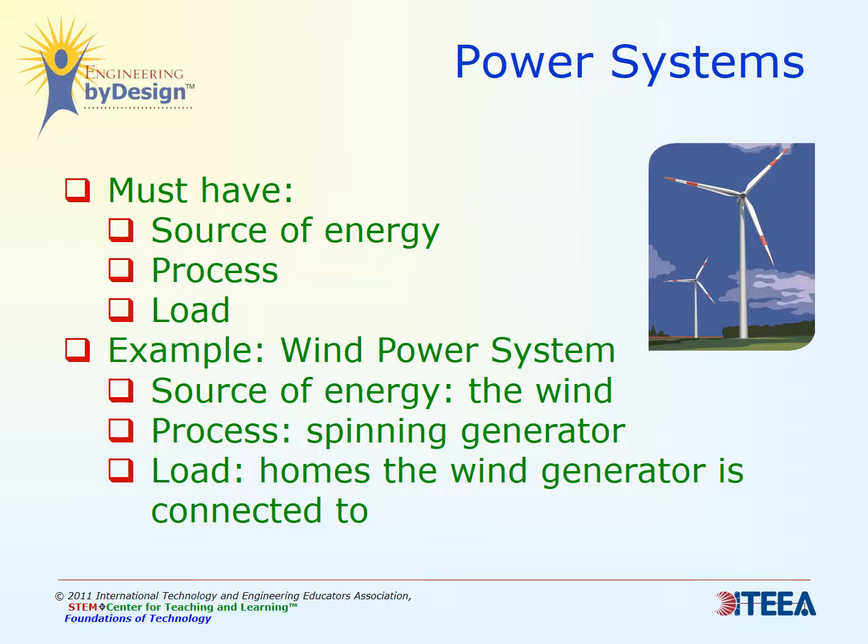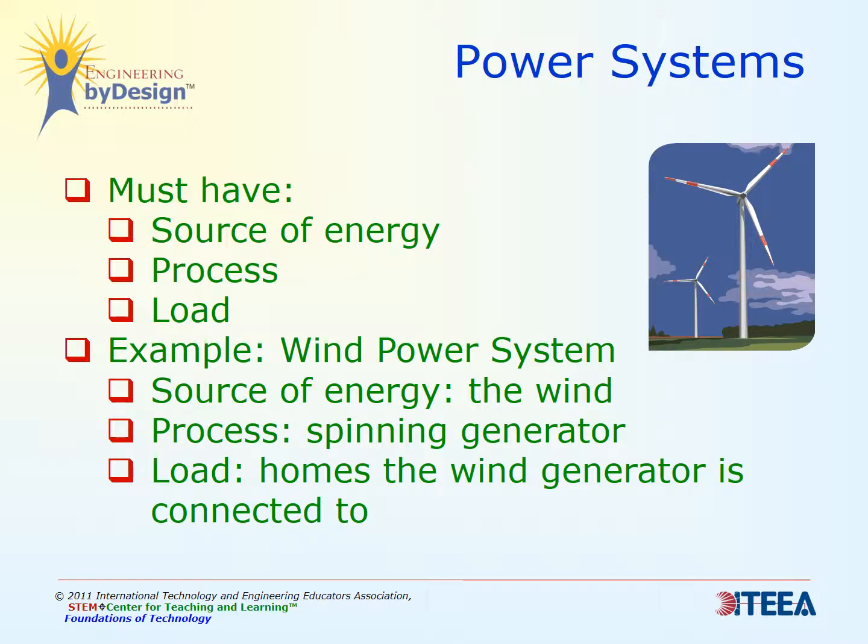Power sources. You must have a source of energy, a process, and a load. For example, we're looking here at a wind turbine. Or you can think about a windmill. We had an example that someone had built.